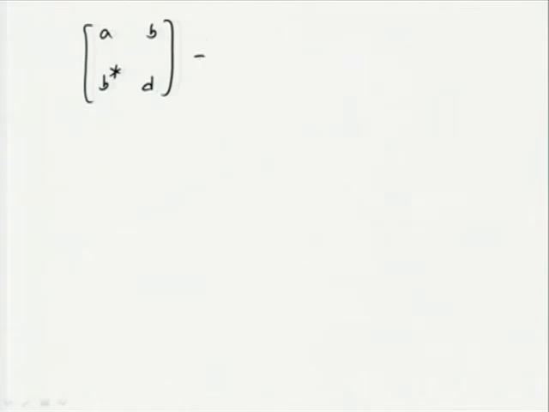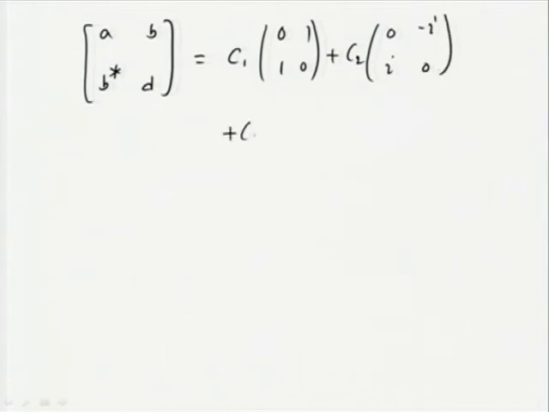Now let me see if I can write it in terms of 0 1 1 0 plus 0 minus I, I 0 plus 1 0 0 minus 1 plus some C 0, for whatever reasons I am denoting it by 0. The last one here is a unit matrix 2 by 2 and you recognize the first 3 as the Pauli matrices.